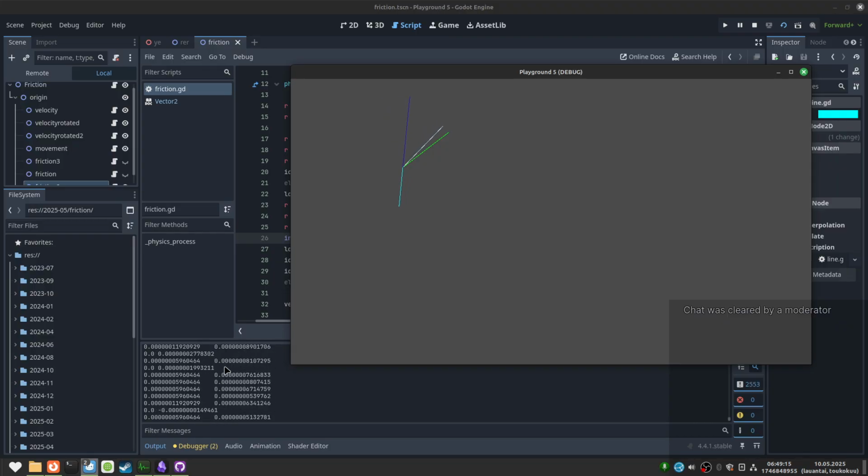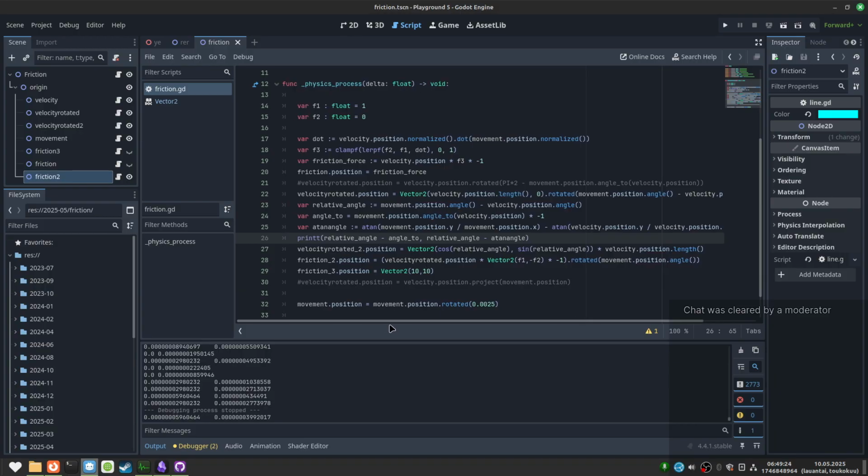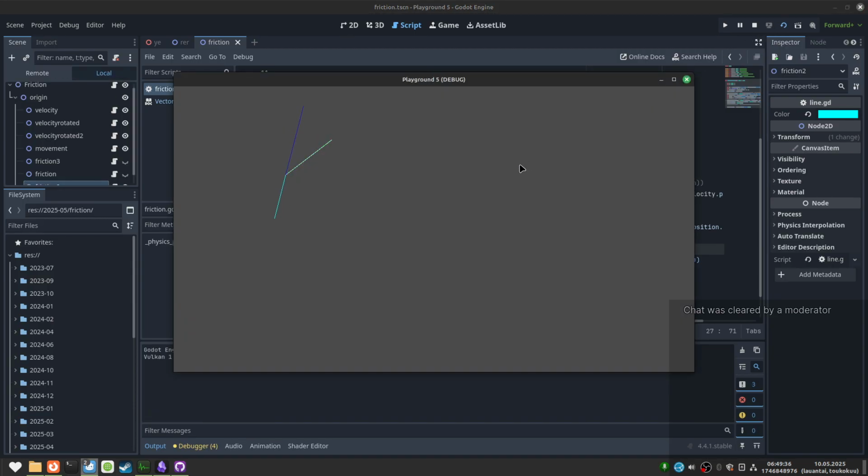Interesting. Now it's like 0 again. Huh. What does it look like now?